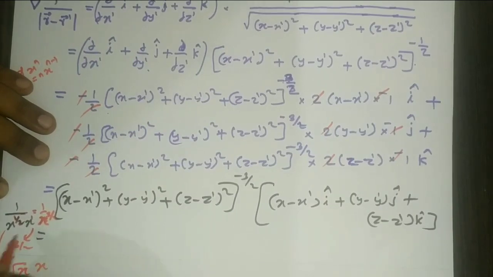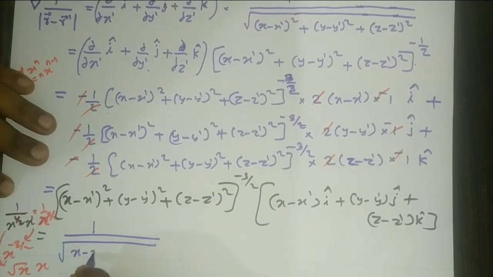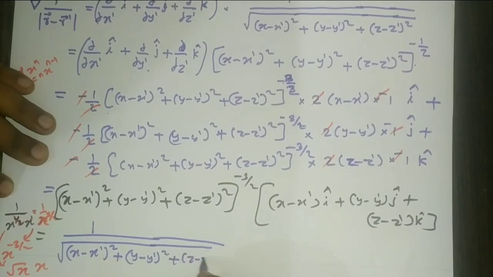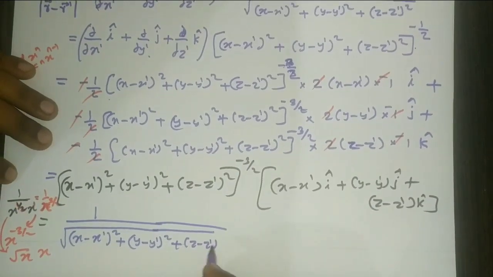Similarly I am going to write this relation, that is, root x means I will write this as 1 by root of [(x − x')² + (y − y')² + (z − z')²].